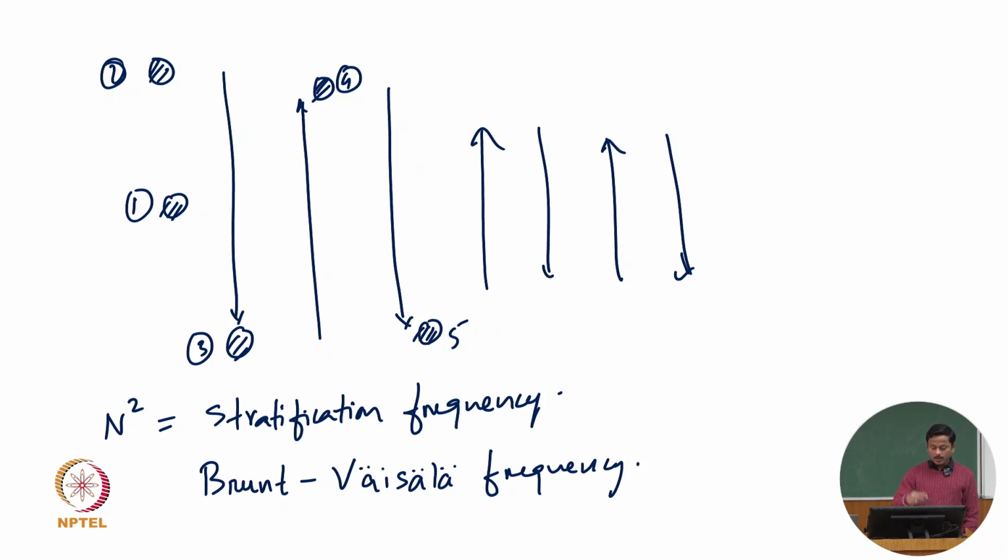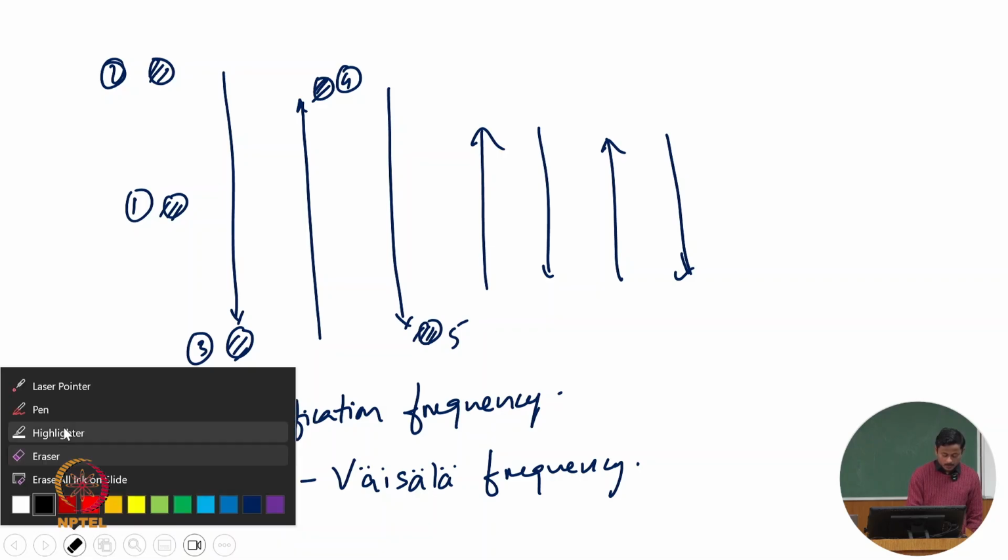So this is the frequency with which this oscillation happens. Sorry, this is not N squared. N is called the stratification frequency.